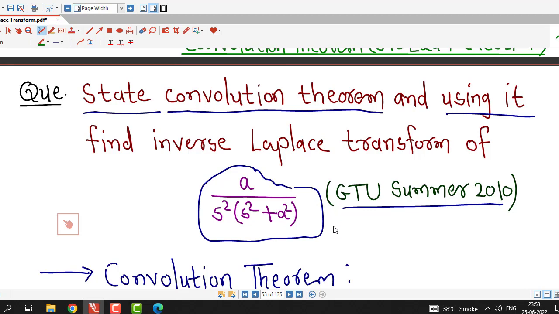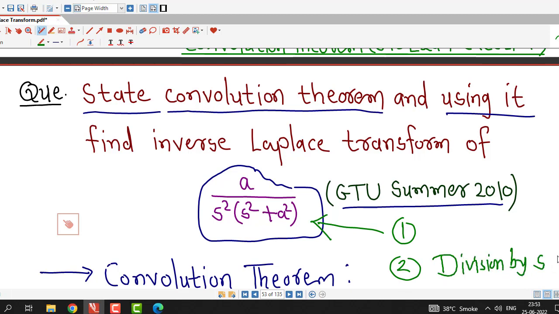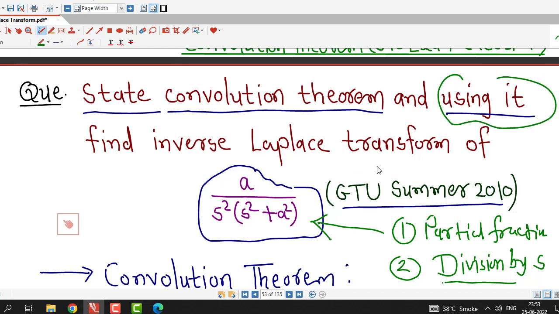We can find out the inverse Laplace transform of this function by another method also, like using method of partial fractions, as well as we can use the method of division by s that we have discussed in some of the previous lectures. So there are two other methods for doing the inverse Laplace transform of this function, but here it is specified that using convolution theorem obtain the inverse Laplace transform.